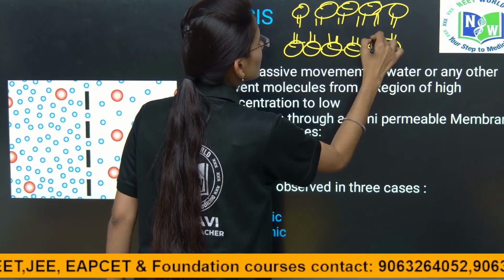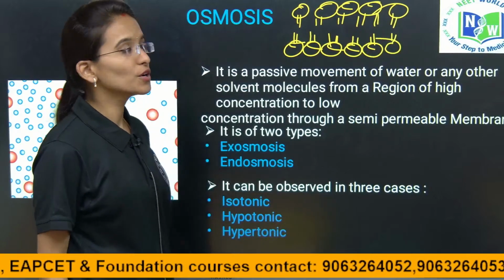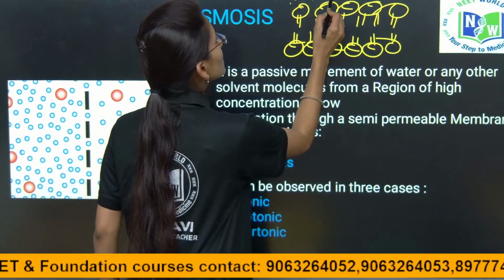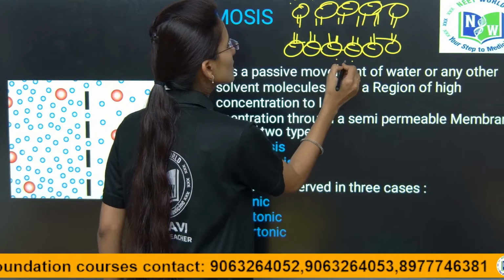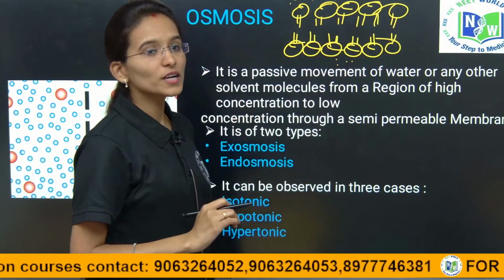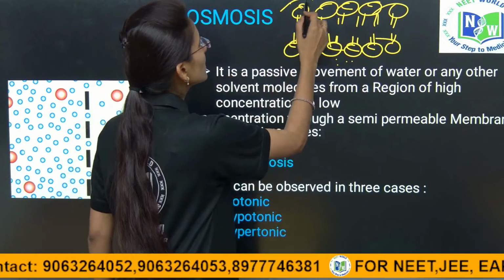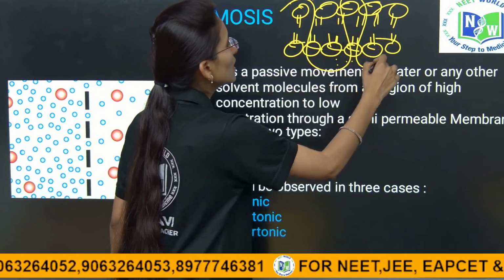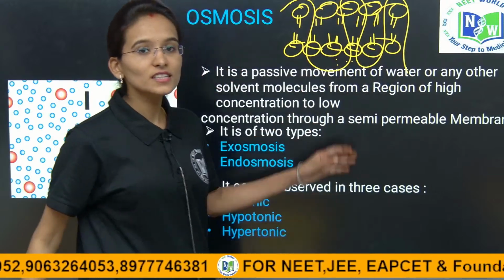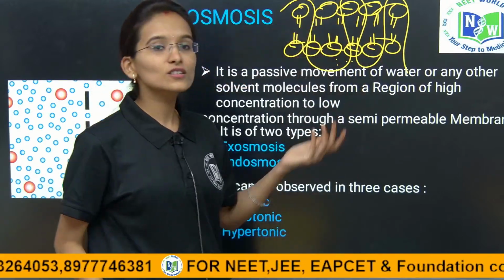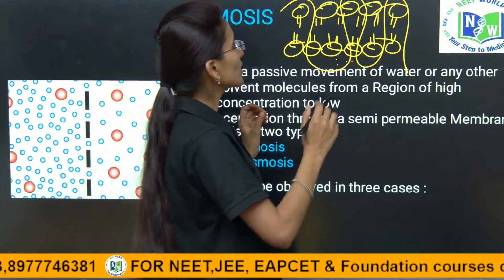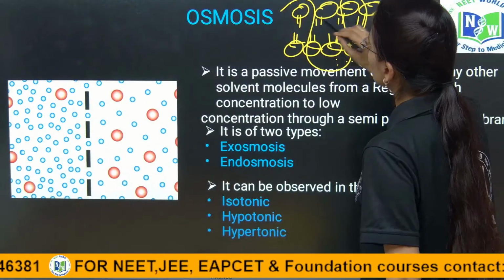In diffusion we said that molecules move from high concentration gradient to low concentration gradient without involvement of energy and without involvement of the plasma membrane. So they randomly diffuse from the inner to the outer side of the cell. The best example is exchange of gases in humans. Respiration is the best example.